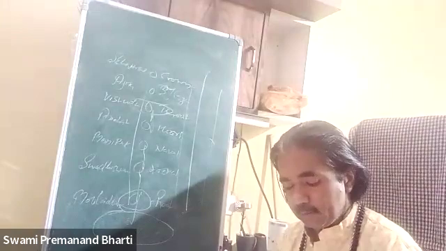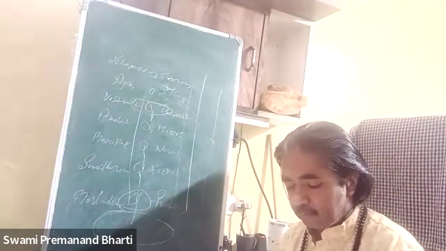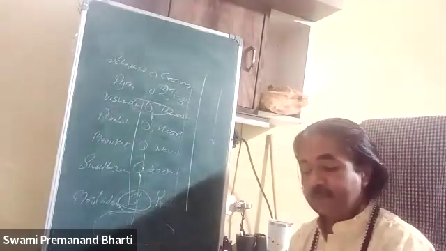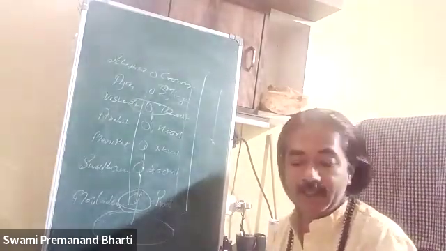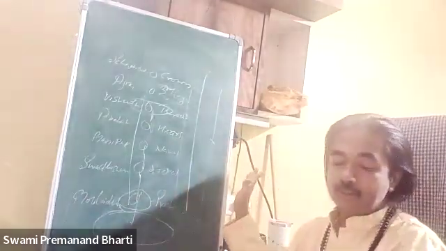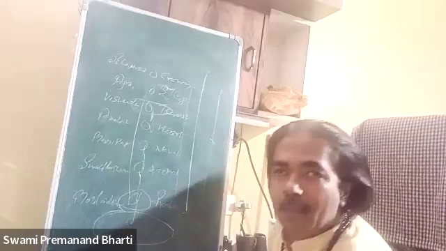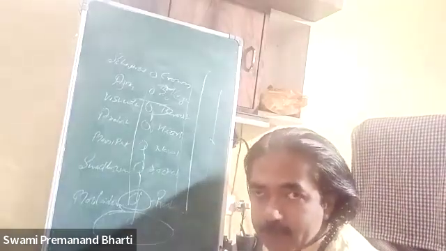Okay, Swadhisthana. Its base possibility is fear, hate, anger, and violence. Its higher possibility is love, compassion, friendship, and fearlessness. If you see, it is just the opposite.